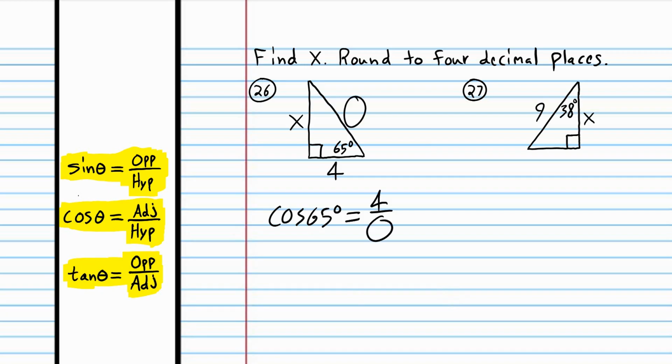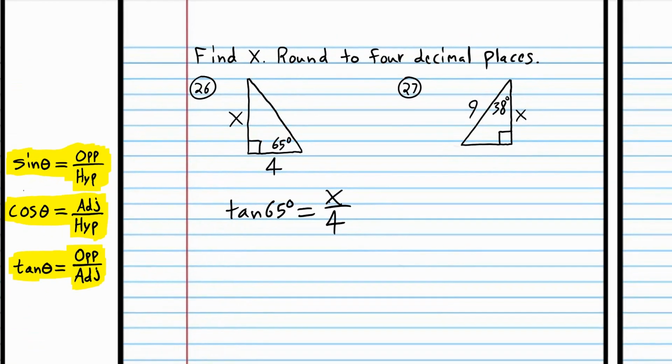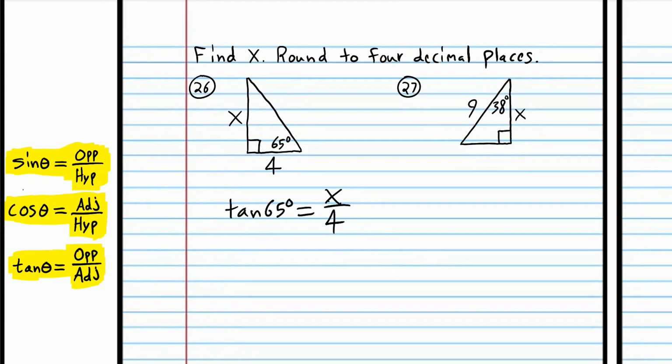Whoops. We can't use that either. So you know what's going to happen. It's got to be tangent. So tangent 65 degrees, that would be opposite over adjacent. Now we have the information that we're given and the unknown that we're looking for, because it says we want to find x.